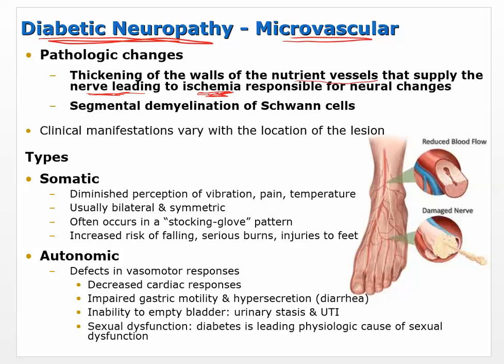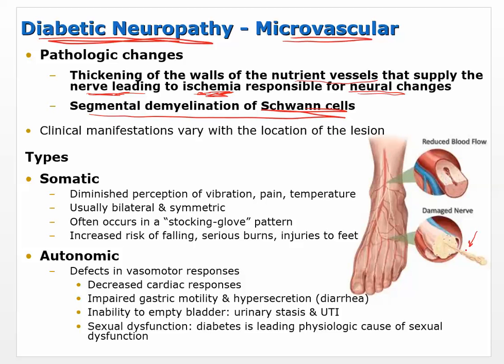The thickening blocks the ability for nutrients to arrive, so you have a decrease in oxygen levels and a decrease in other nutrients. Eventually, over time, it can cause damage to Schwann cells. Schwann cells allow nerve signals to be transmitted more quickly, and so those are broken down.